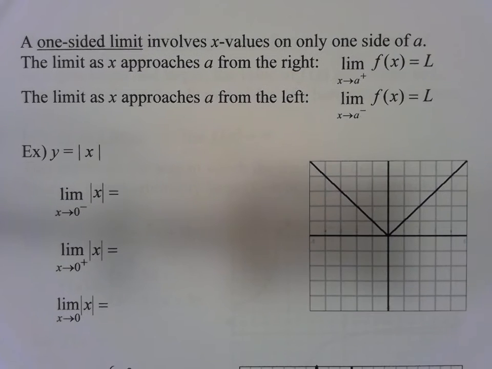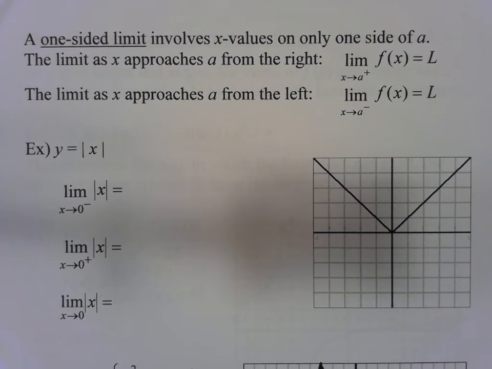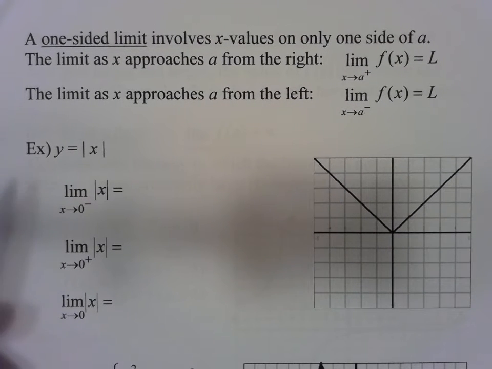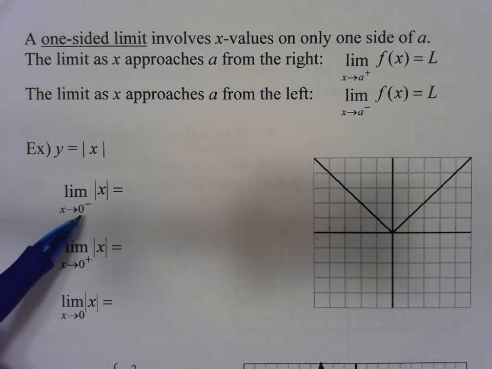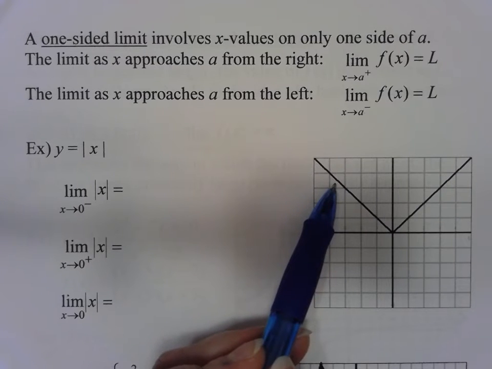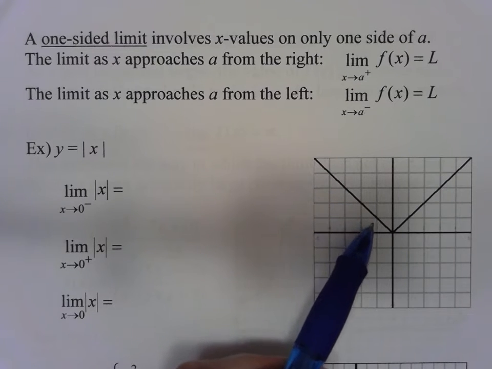I thought we could look at the two examples we just talked about in the last video that were described as piecewise functions. One of them we looked at was the absolute value. So this is a good example. If we look at the limit of the absolute value of x as x approaches 0 from the left, that would be coming in from this way.